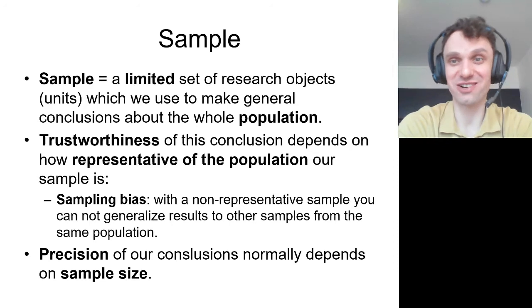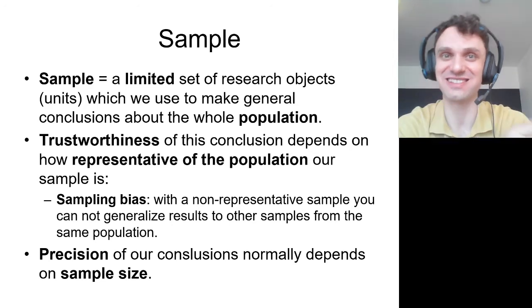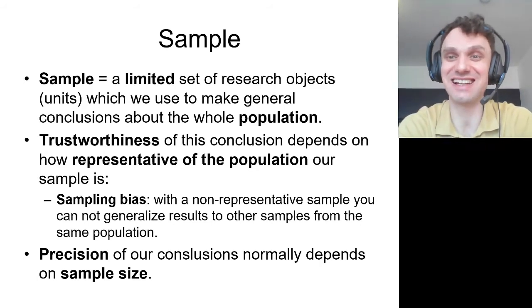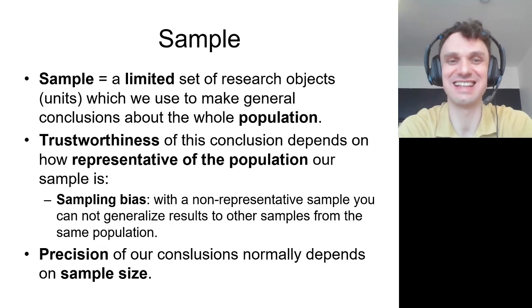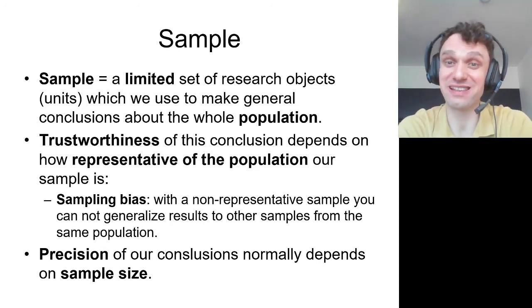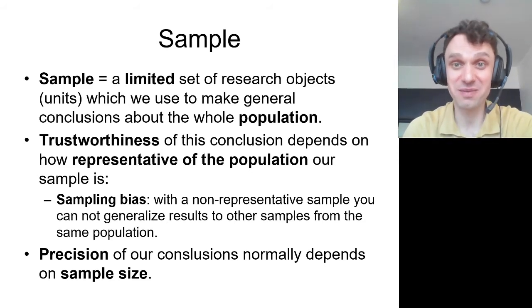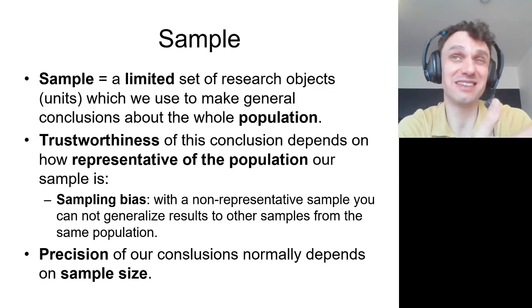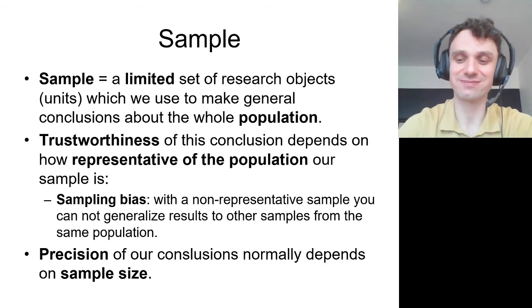For example, you can survey all the students of the Higher School of Economics, all the 20 or 30,000 of them, and you will get a very precise estimate of how much they like ice cream, but it will still not be quite applicable to the Russian population. And vice versa, your sample can be very small and it can include very diverse people. So it can be fairly representative, but still it might not be large enough for you to make precise conclusions.